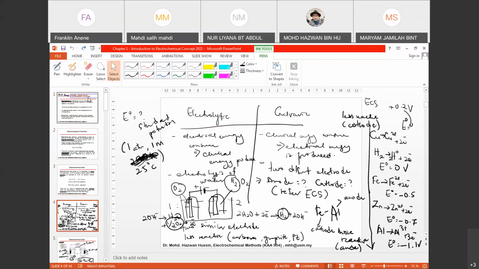I think we also discussed a bit on the differences between electrolytic cell and galvanic cell. This is, of course, just a revision for you, because you have learned electrolytic and galvanic cells during high school or probably during your undergraduate level.